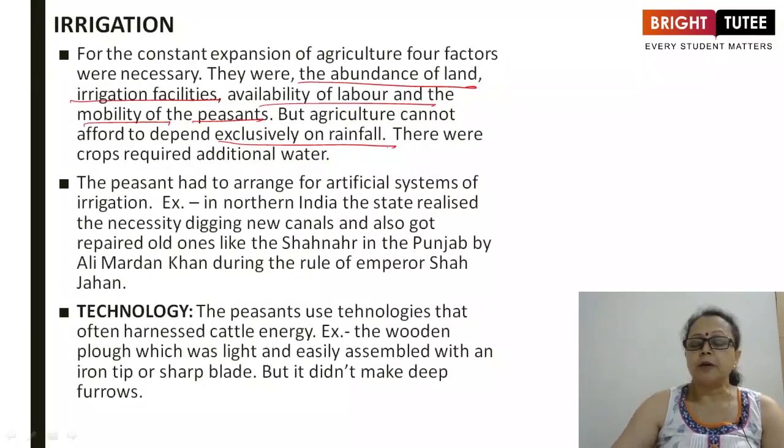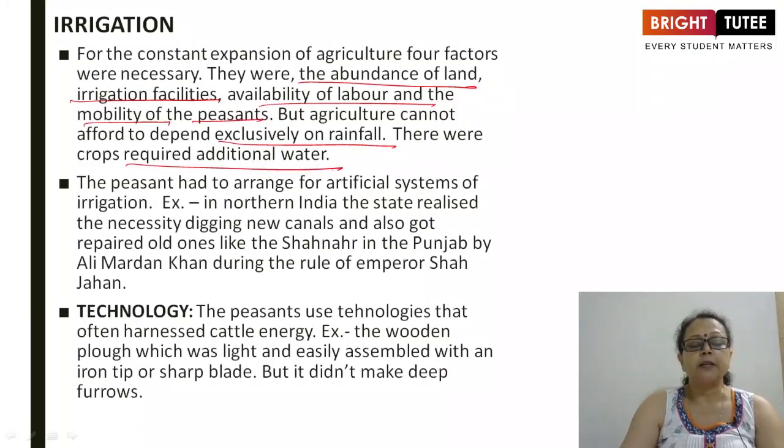Some of the crops require additional water for cultivation. So the peasant had to arrange for an artificial system of irrigation. In those days also the artificial system was provided. In northern India, the state realized the necessity of digging new canals.